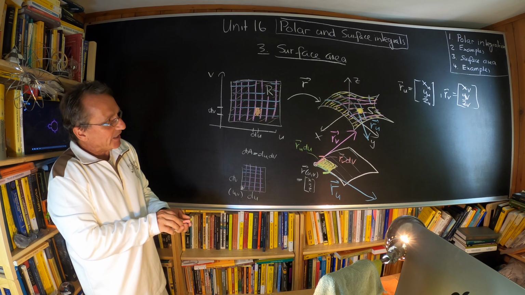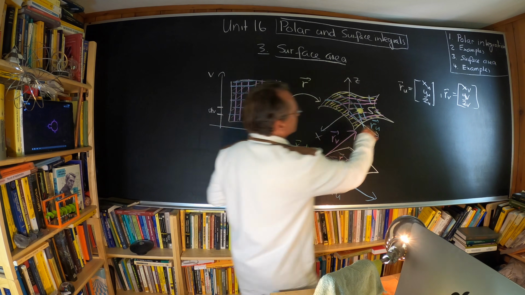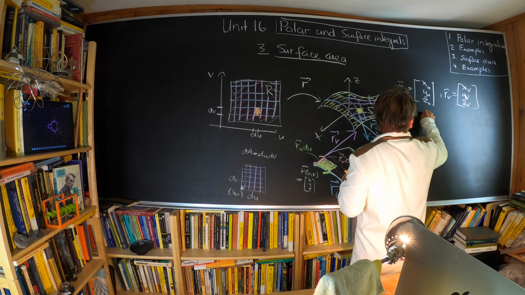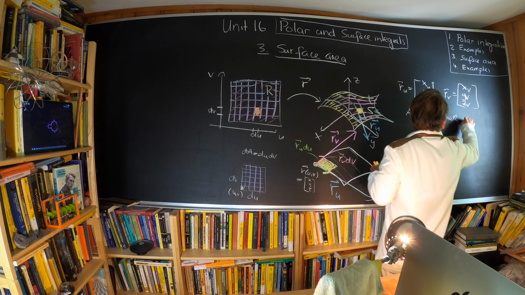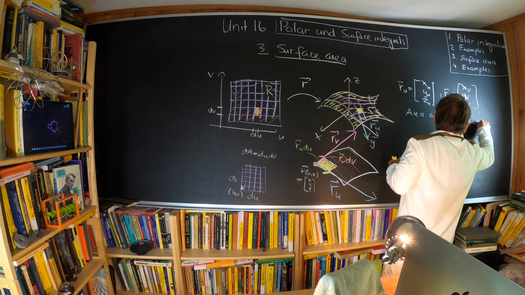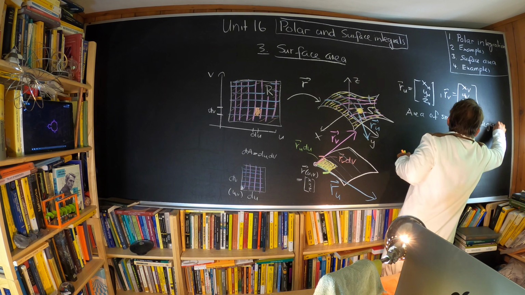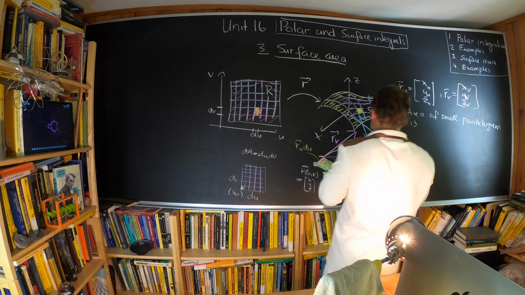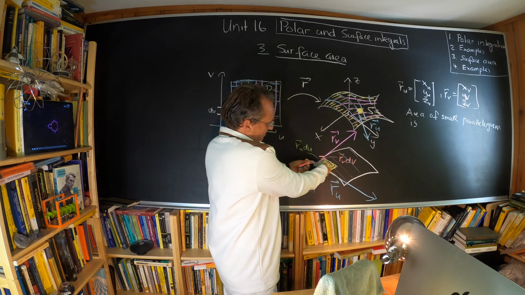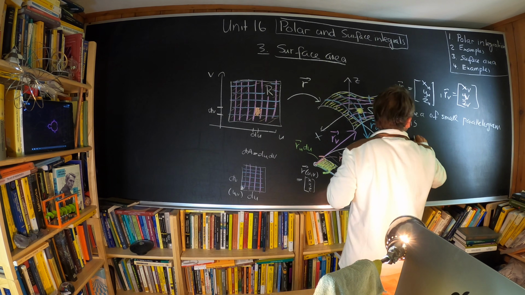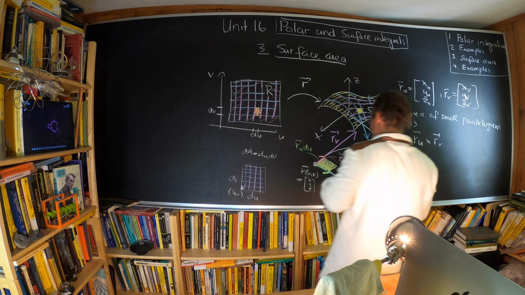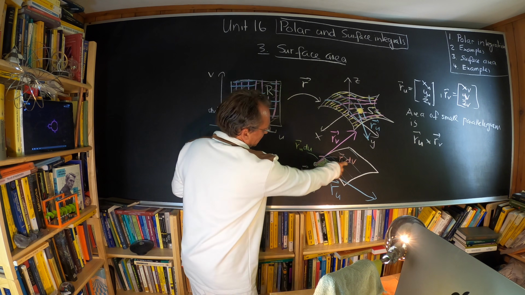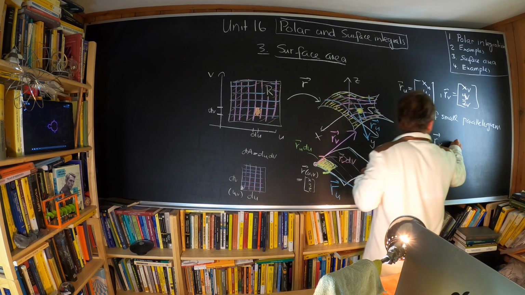So now the area of this parallelogram, we have learned that this is r_u cross r_v, and then because we have du and dv, times du dv.